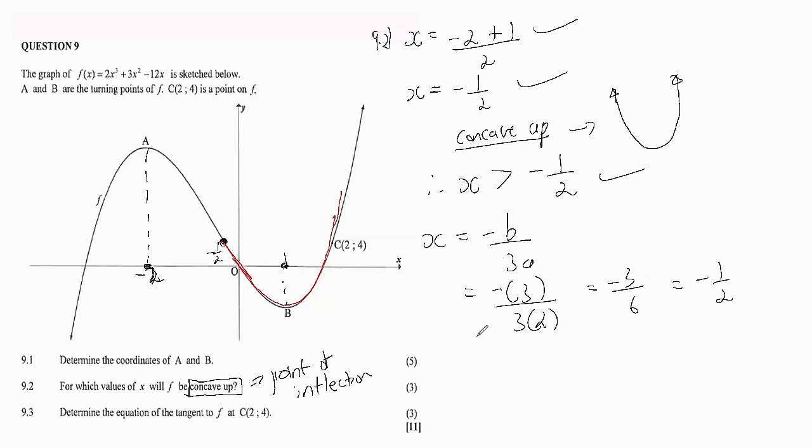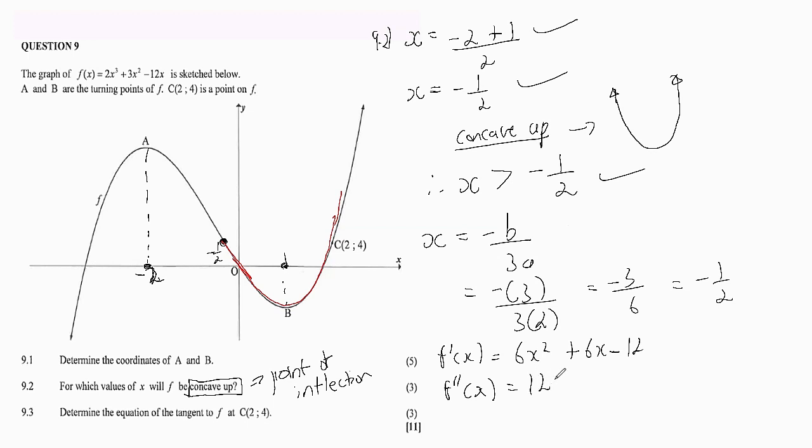Another way to calculate it would be to derive this twice. You have already found the first derivative. It was 6x squared plus 6x and then -12. So you'd find the second derivative, because remember, the second derivative is the one that we use in order to find the point of inflection.